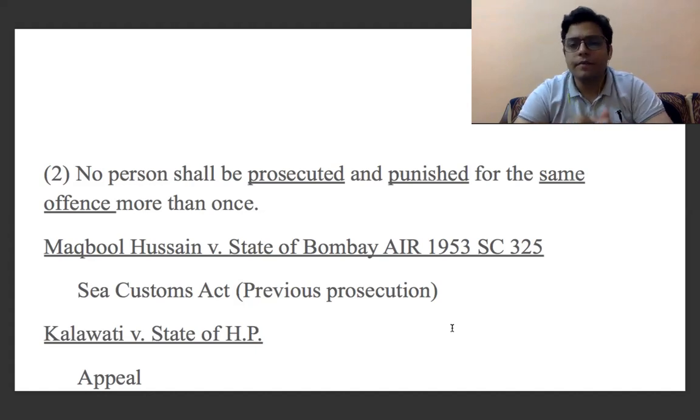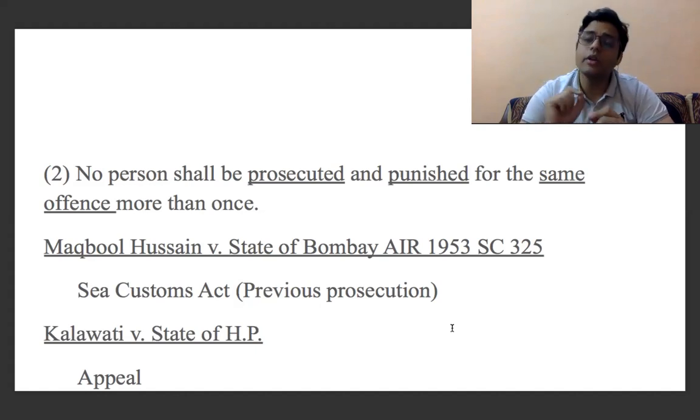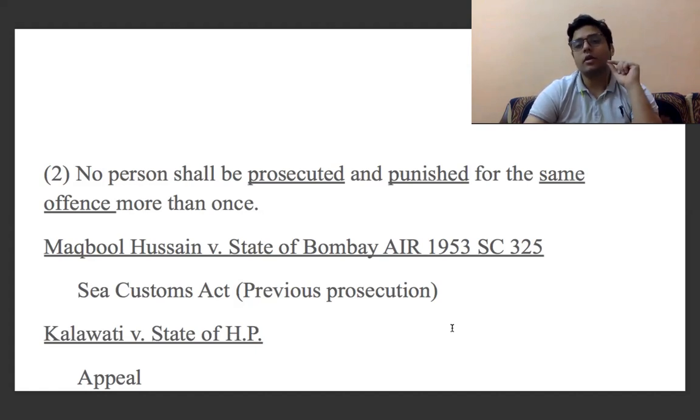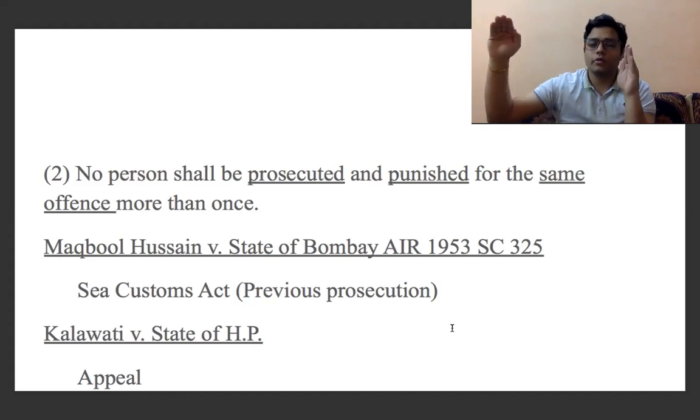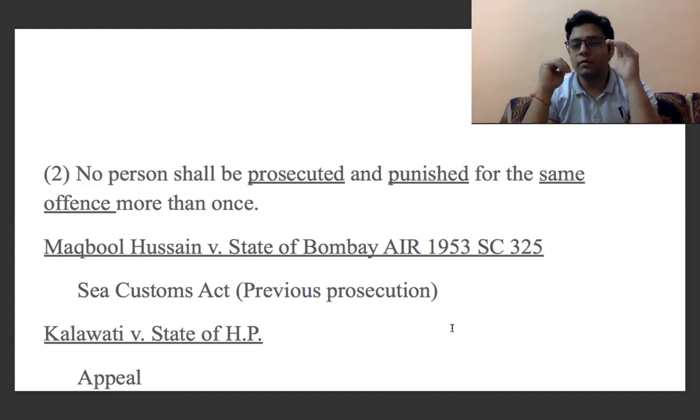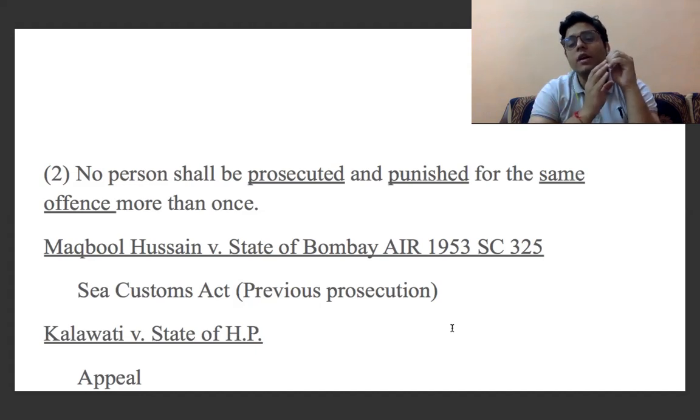So in this case, the Supreme Court clearly held that appeals are the continuation of the original prosecution, which was started with the trial court, with the session court. It is the continuance of the same prosecution. What it essentially meant is that with the judgment of the session court, that original prosecution did not end. It is still continuing through the appeals.